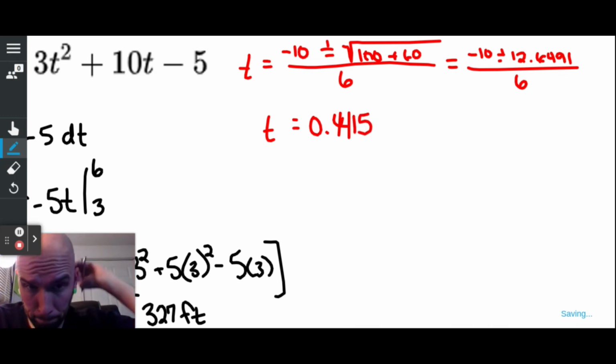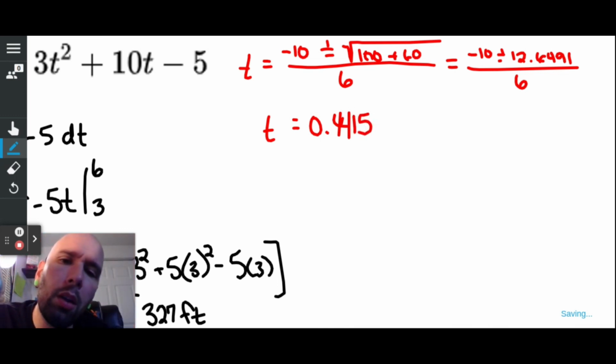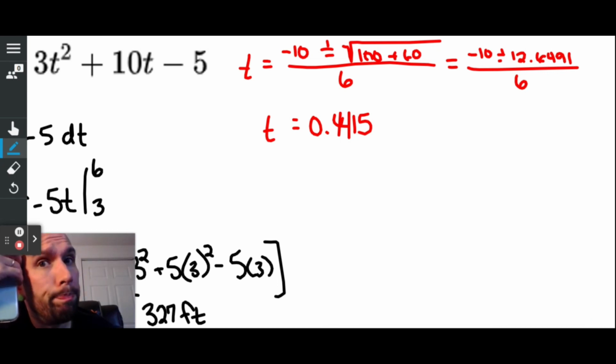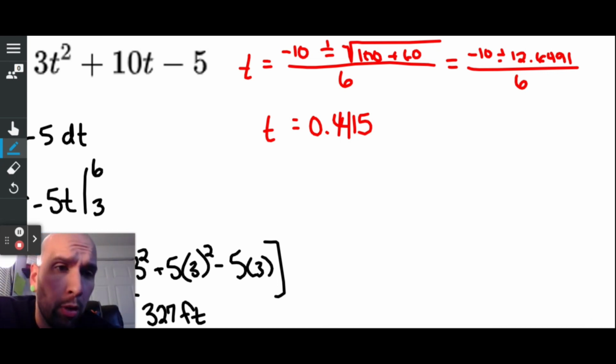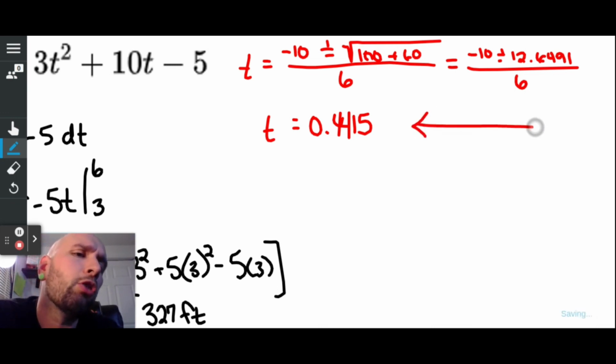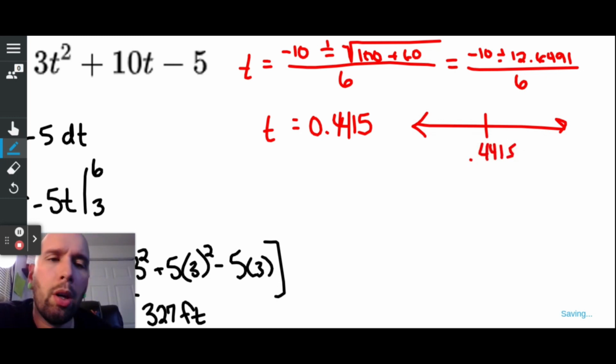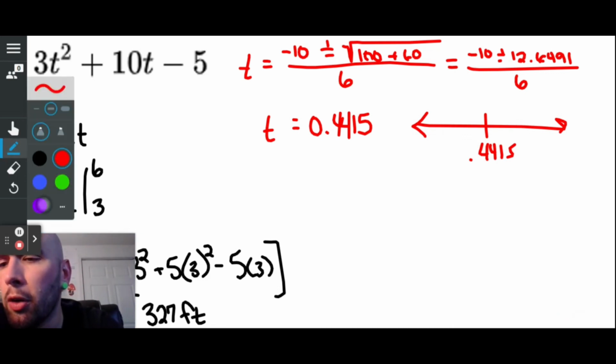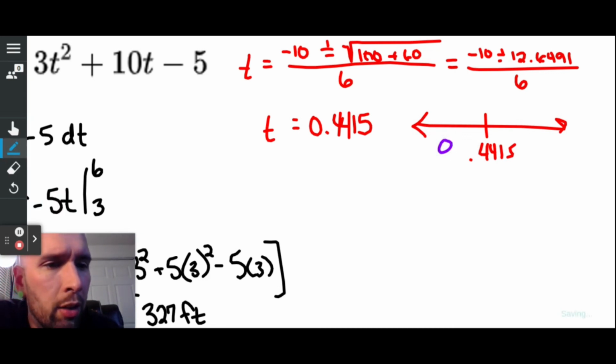Okay. I'm not going to try the other one, because it's going to be a negative minus a number divided by 6, and it's going to give me a negative time, and I'm not supposed to have negative time. So I'm going to make my sign chart using 0.4415, and I'm going to use 0 and 10 to plug in, and I'm plugging it into the velocity function.